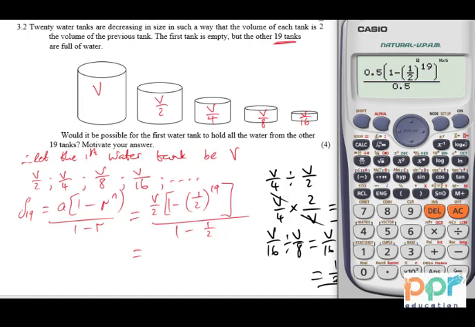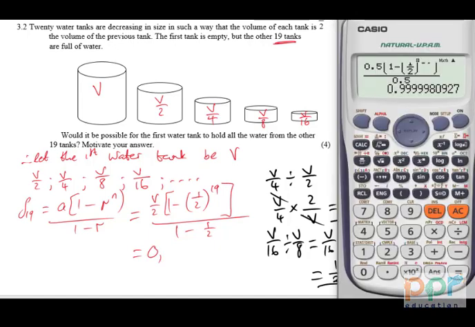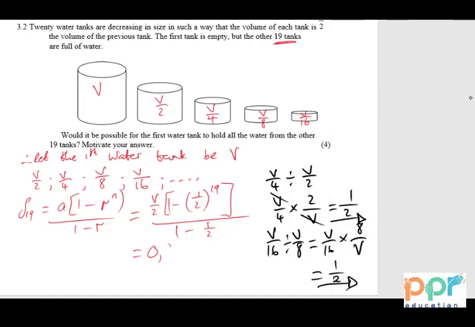And then the answer yethu kuzoba 0.9999 approximately. Iyaqhubeka njalo njalo. V. So isum yama volume ewonke lamatanka awu-19 is 0.9999. So it's approximately 1 kahle kahle. It's 1 V. Whereas i-volume yetank yokuqala sithe vele i-volume yakhona ibe 1.